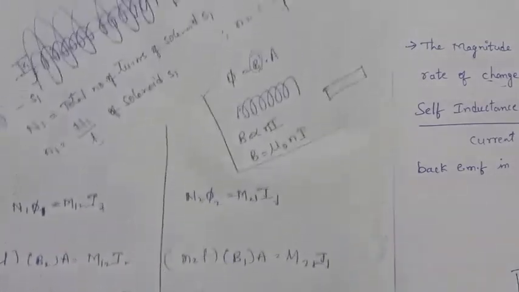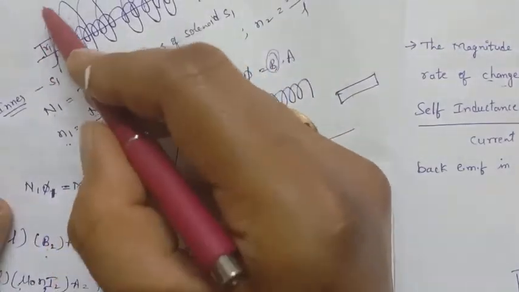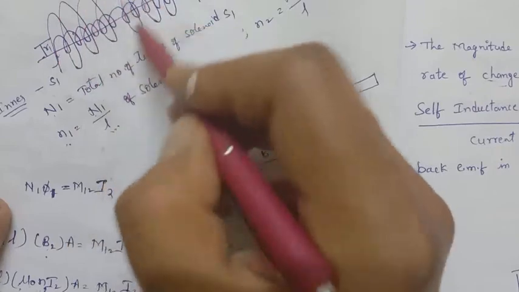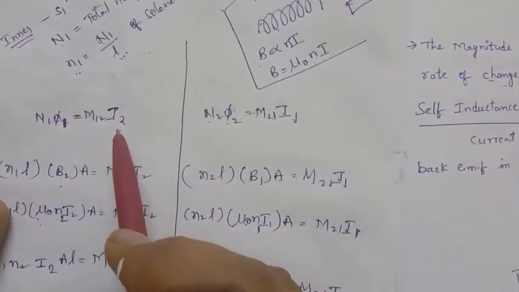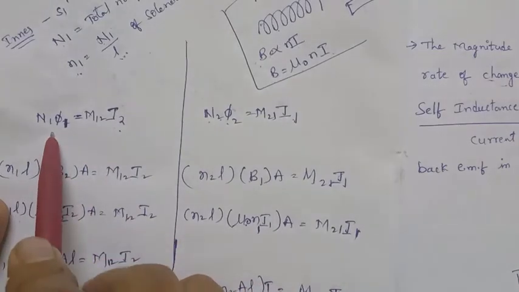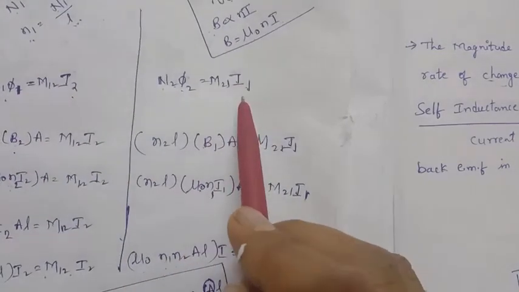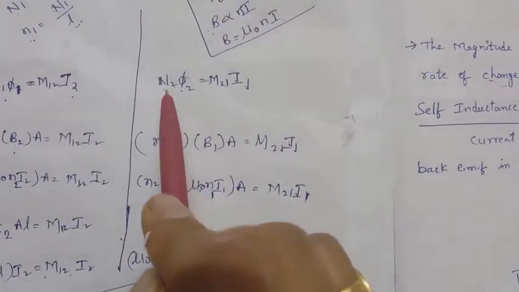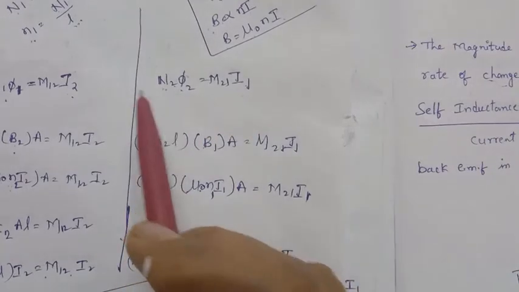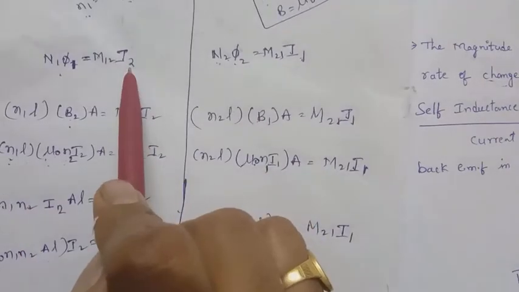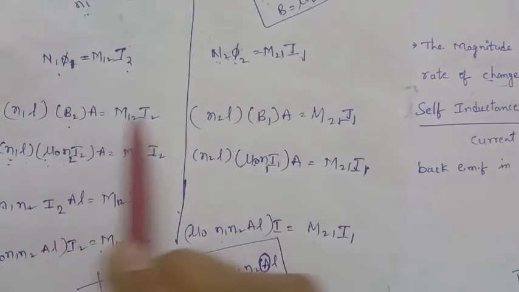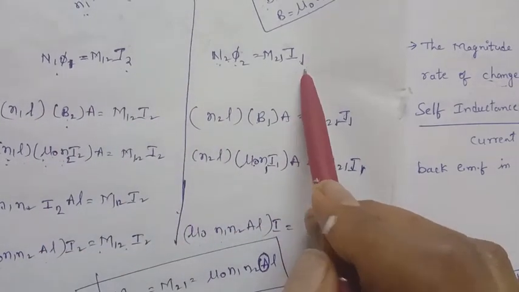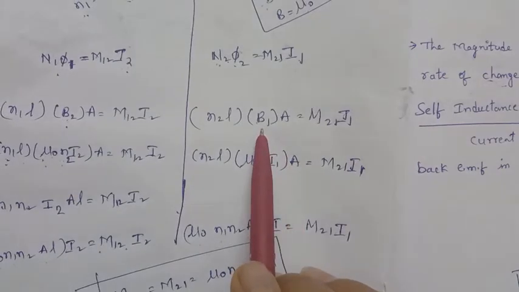Once again, clearly, if current flows through the outer solenoid, due to this current you have linkage with the inner solenoid, and similarly due to the inner solenoid current you have linkage with the outer solenoid. Due to the current I2 you create the magnetic field B2, and due to the current I1 you write the magnetic field B1.